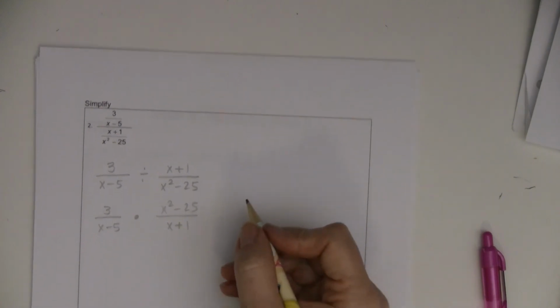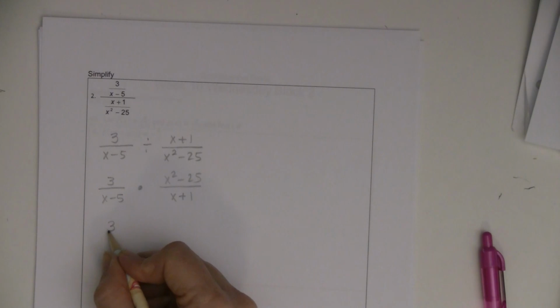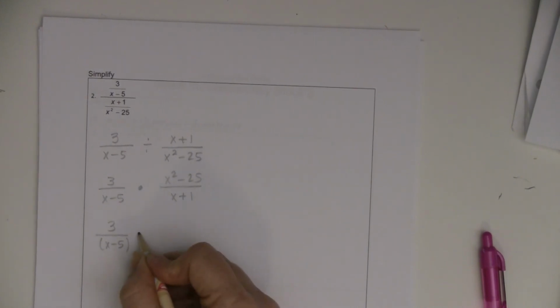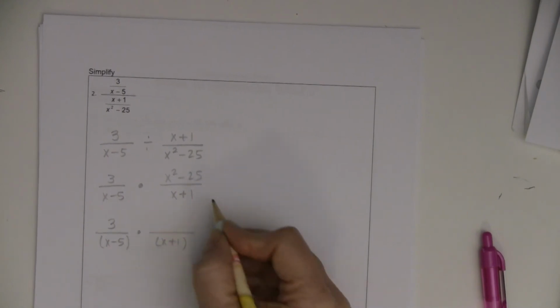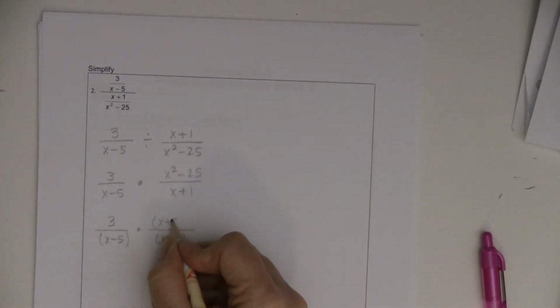And so now it's factor, right? 3 doesn't factor. X minus 5 is factored. X plus 1 doesn't factor, so I feel happy here. But that, my friends, is my difference of squares, and I hope that you're getting used to the difference of squares.